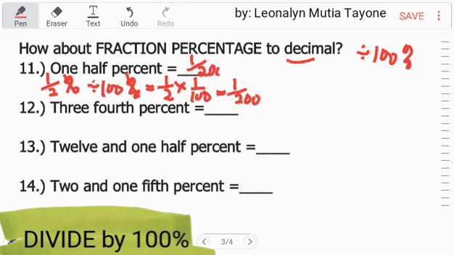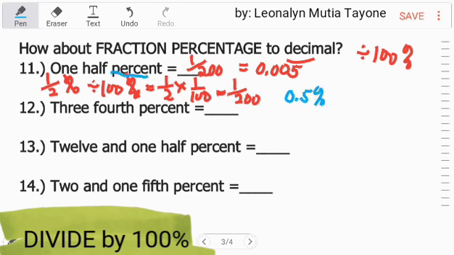In fraction. 1/200 is also equivalent to 0.005. Instead na gawin natin siyang 1/2%, yung fraction mismo, gawin natin siyang decimal. Ang 1/2 ay equivalent ng 0.5. Tapos, ilagay mo yung percent.